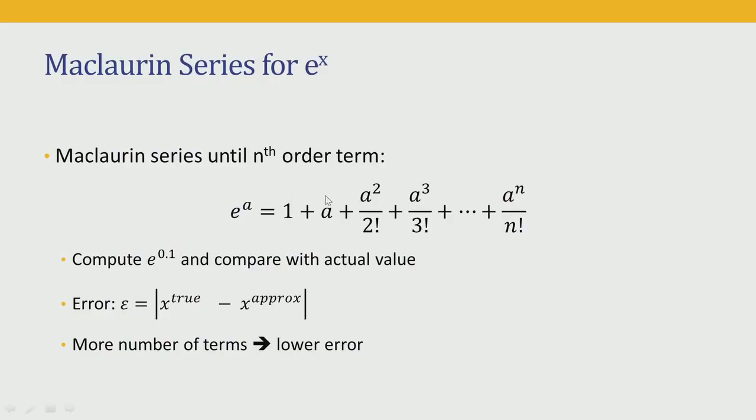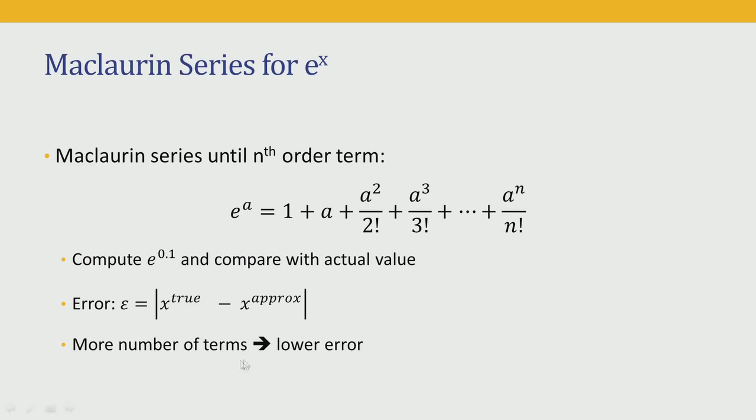So, this series is being truncated at the first term or the second term or the third term and so on and so forth. If we truncate it just to the first order term, we are going to get a greater amount of error. The error was of the order of 10 to the power minus 3. When we truncated it to second order term, we got error of 10 to the power minus 4. When we truncated it to the third order term, we got the error of the order of 10 to the power minus 6, so on and so forth.